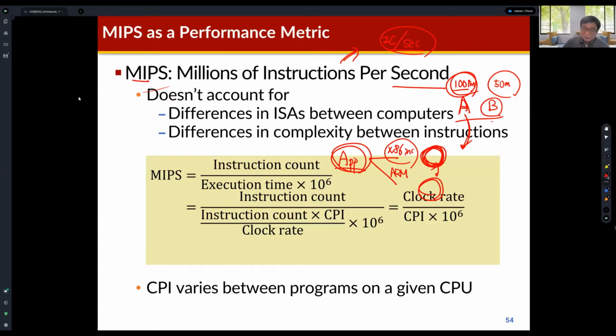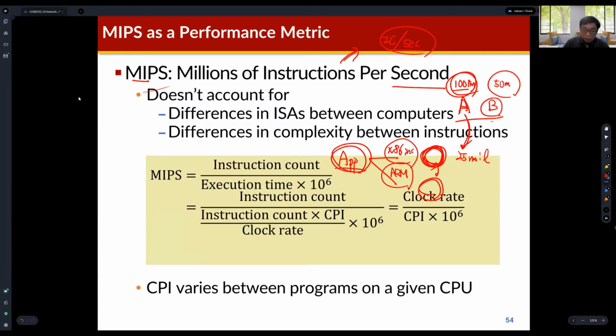So for example, it's the same app, and the same app is compiled. For this x86 compiler, the compiled binary can include 25 million instructions.